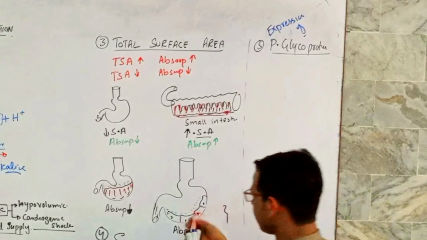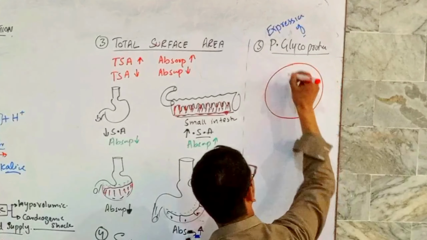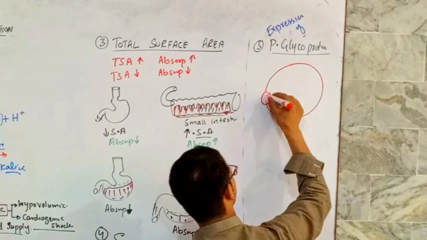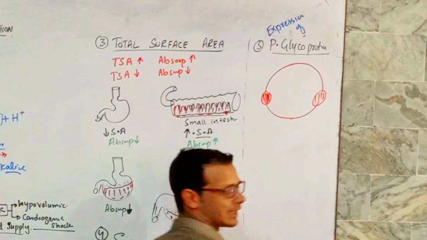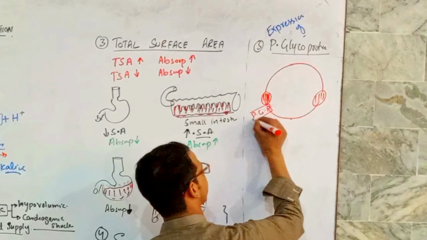For example, this is a brain cell, and this cell has P glycoprotein.